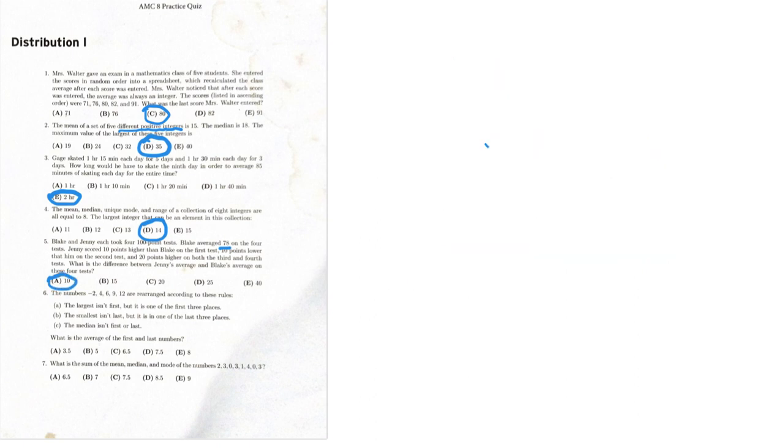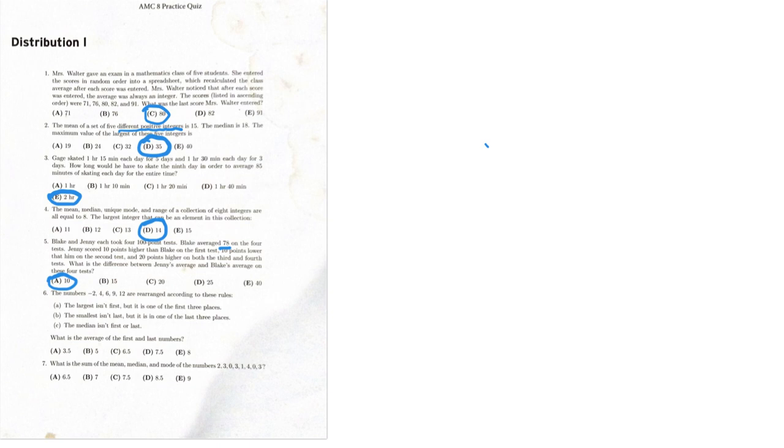Number 6. This is AMC8 2004, number 11. The numbers negative 2, 4, 6, 9, 12 are rearranged according to these rules.